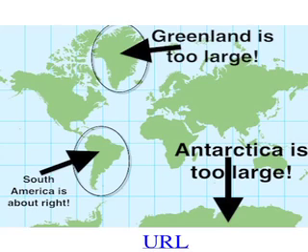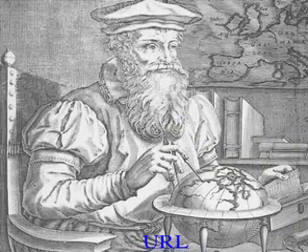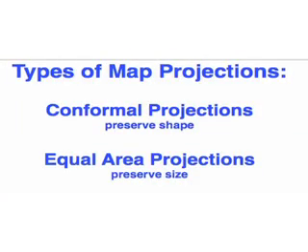And of course, the most well-known map projection of this type is the Mercator projection, which was developed for navigation uses many, many years ago and became a common map projection used in schools and other places. So the conformal map will give you correct shape, but exaggerates size toward the poles.